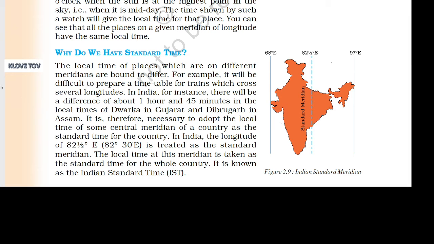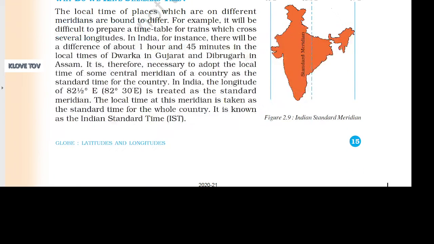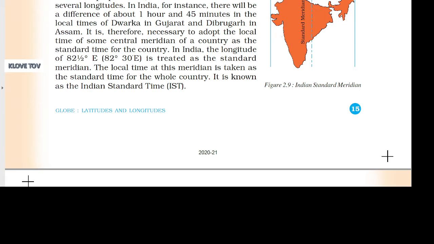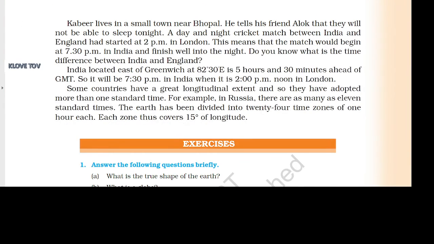It is therefore necessary to adopt the local time of some central meridian of a country as the standard time for the country. In India, the longitude of 82.5 degree east, 82 degree 30 east, is treated as the standard meridian. The local time at this meridian is taken as the standard time for the whole country. It is known as the Indian Standard Time.